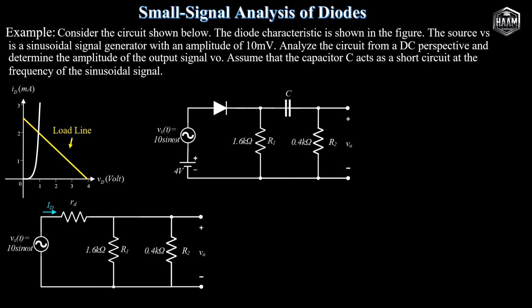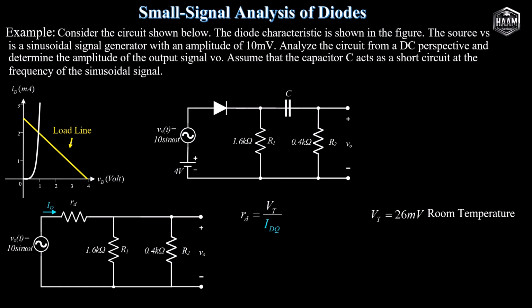Now let us calculate the dynamic resistance lowercase r sub d equals V sub t divided by I sub DQ. At standard room temperature, thermal voltage V sub t is taken as 25 or 26 millivolts.